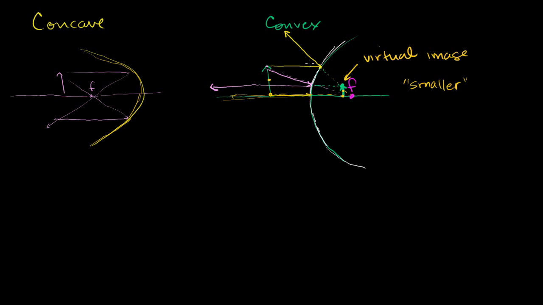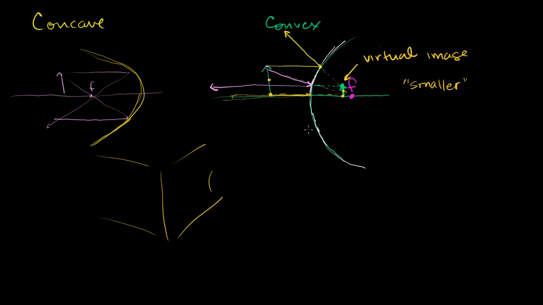And you see these types of mirrors all the time, especially around corners. Let me draw a hallway with corners. You'll sometimes see mirrors out here so that you can see people as they're coming around the corner.